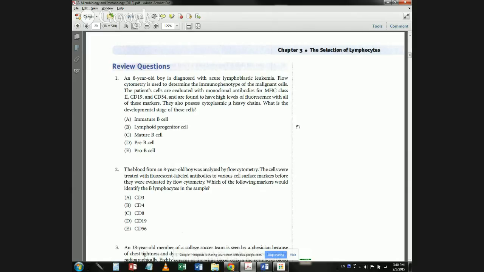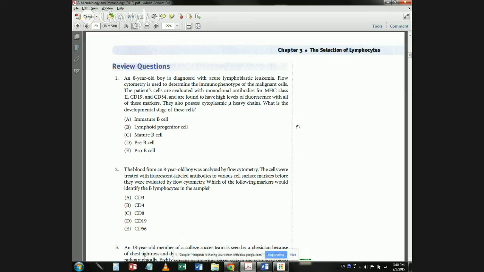Question number 2. The blood from an 8-year-old boy was analyzed, again, by flow cytometry. These cells were treated with fluorescent labeled antibodies to various cell surface markers before they were evaluated by flow cytometry. Which of the following markers would identify the B lymphocytes in the sample?